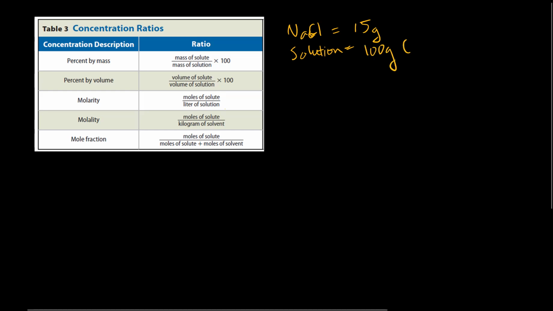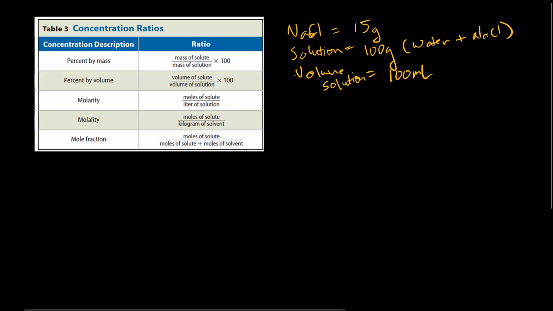And the solution is the water plus the NaCl, okay? And let me just put one more way of putting it. Let's say the volume of the solution is 100 milliliters. Okay, so this is just going to be for our example.